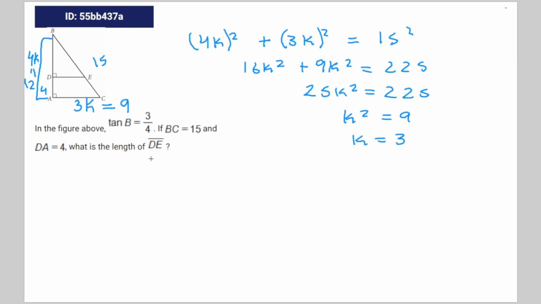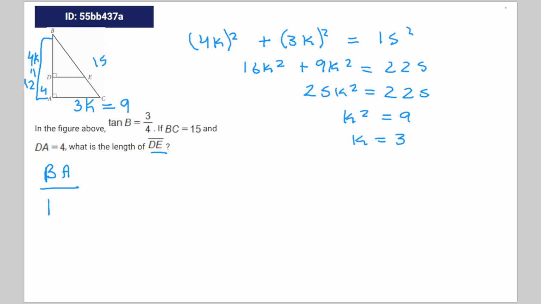So then in order to find the length of DE, we're going to have to compare a side from triangle ABC to a side from the triangle BDE. What do I mean by this? Well, let's look at BA and BD, for example.